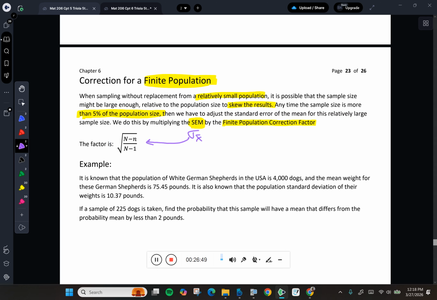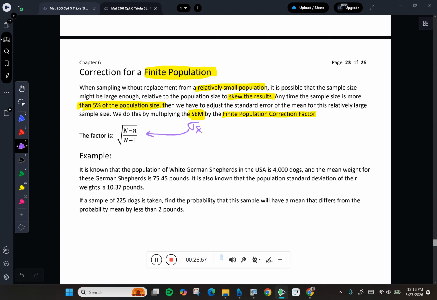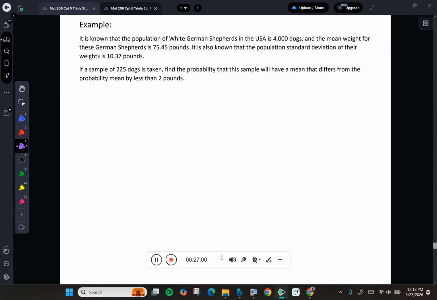It's only when your sample size gets big compared to the population that it ends up mattering. All right, so let's take a look at an example with a small population and a relatively large sample for that population.